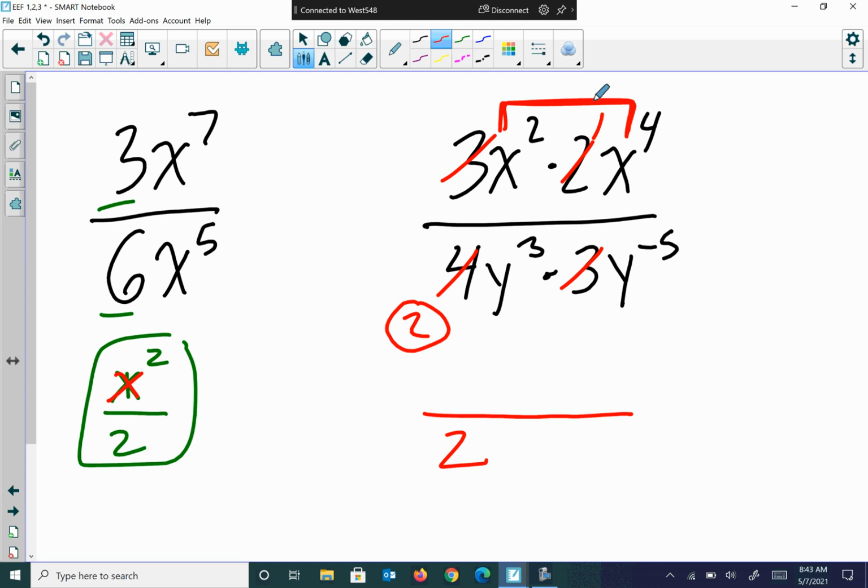They are not on top or bottom, so I combine them. Like bases, what do I do with the exponents? Add them, so I get x to the 6th. What does this one want to do? Move up. So now I get y to the 5th up on top, and I have y to the 3rd down on bottom. Top by 2. Love it.